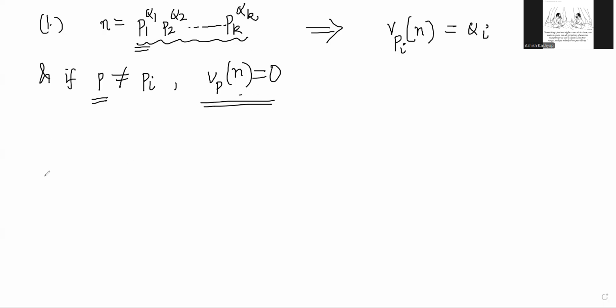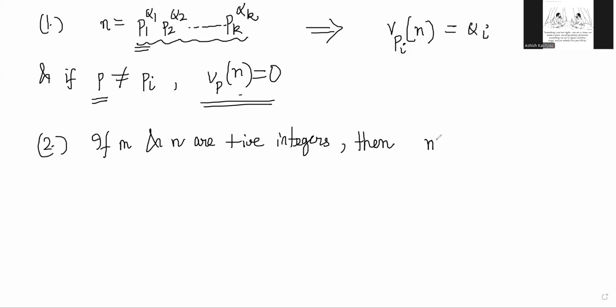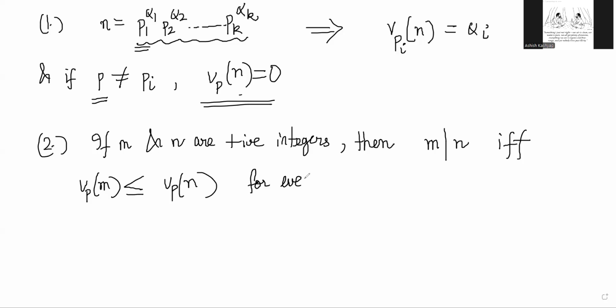Okay. Now, if m and n are positive integers, then m divides n if and only if v_p(m) is less than or equal to v_p(n) for every prime p.